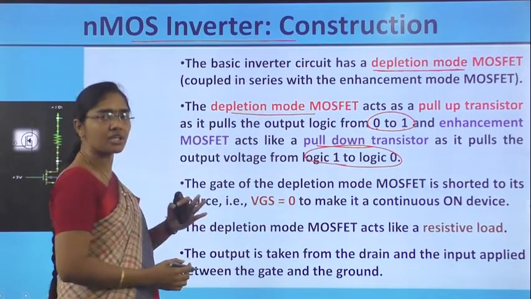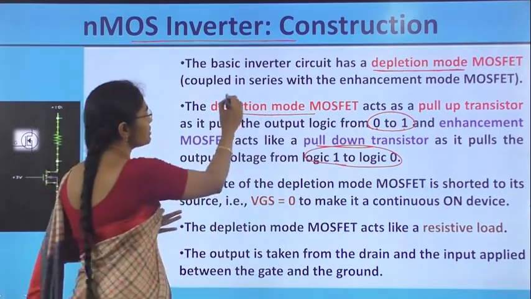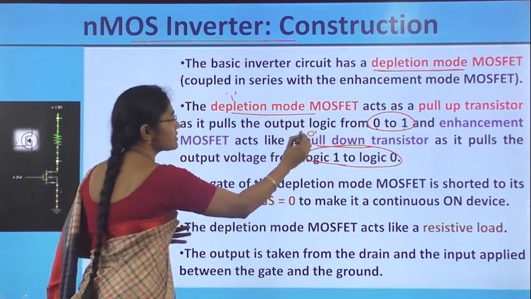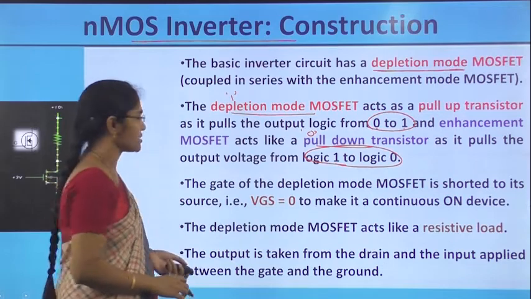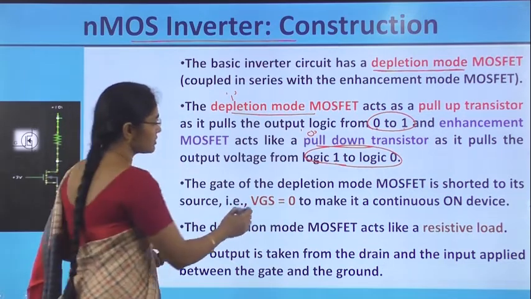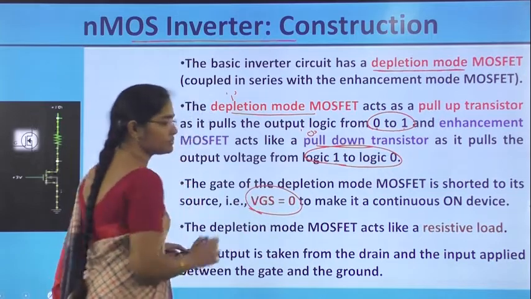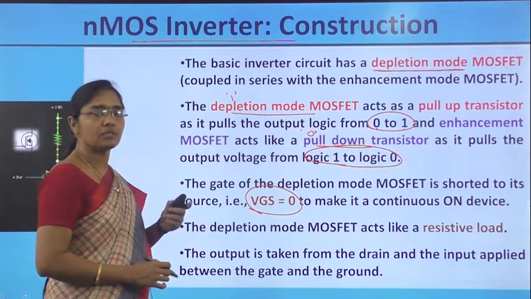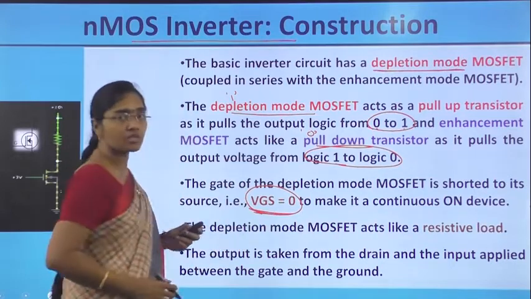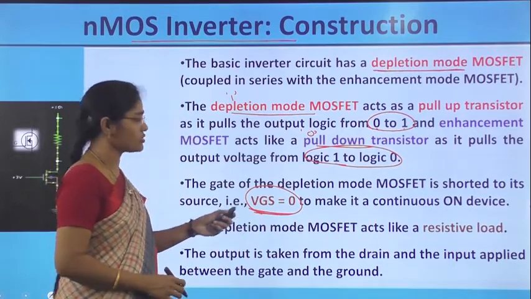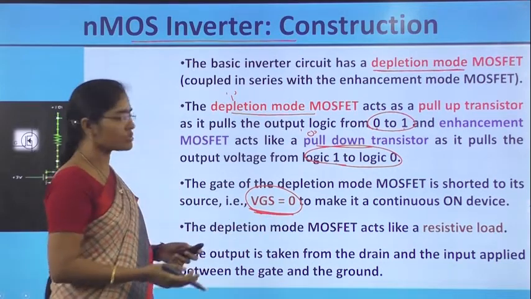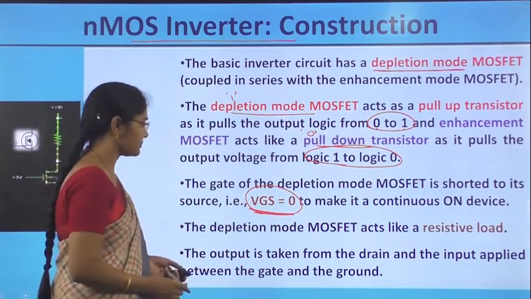So output is making the 1 with the help of this depletion mode transistor and output is 0 with the help of this enhancement mode transistor. In the pull up device, the depletion mode transistor, VGS is connected as 0. In this mode that depletion transistor is switched on, so we are using it in this condition.